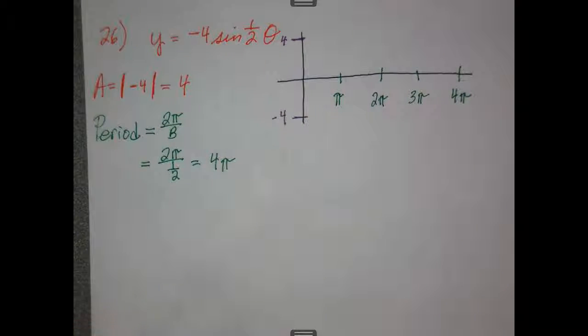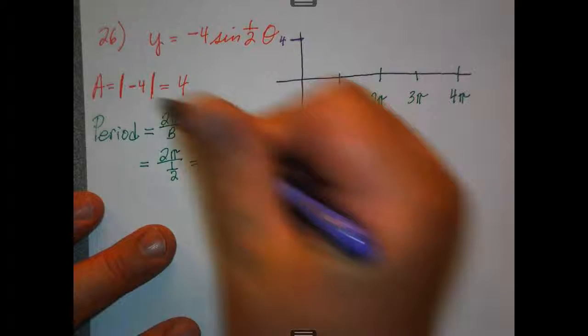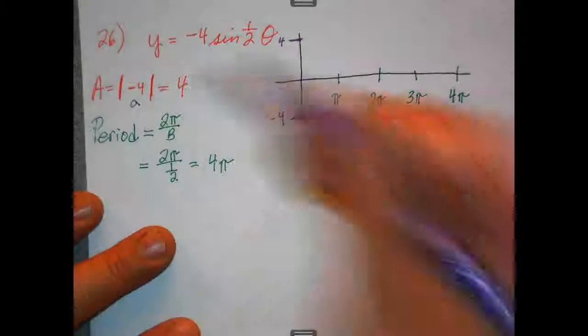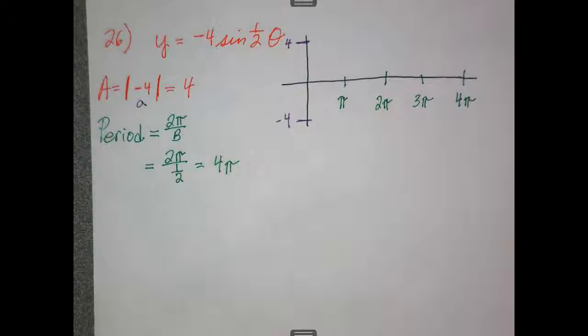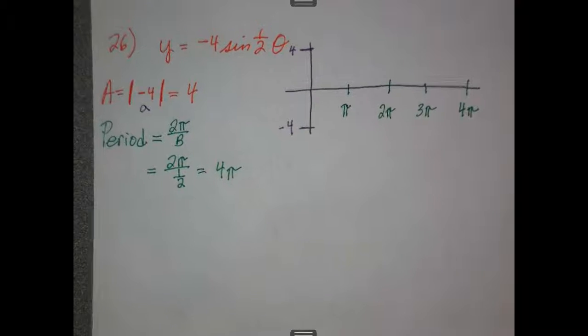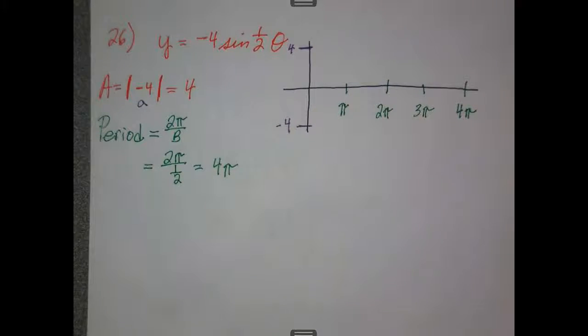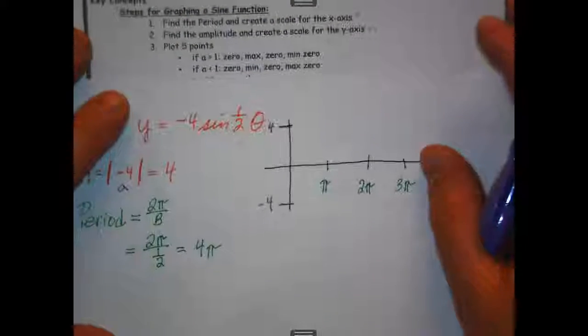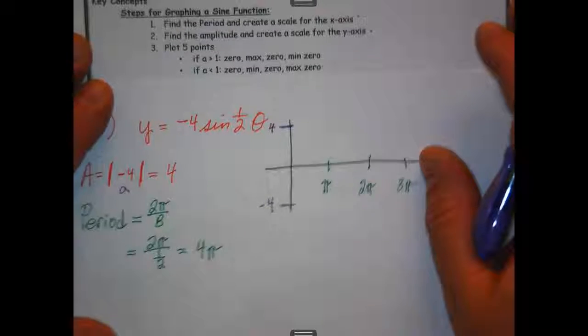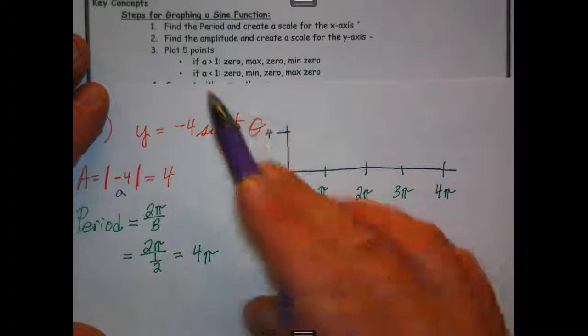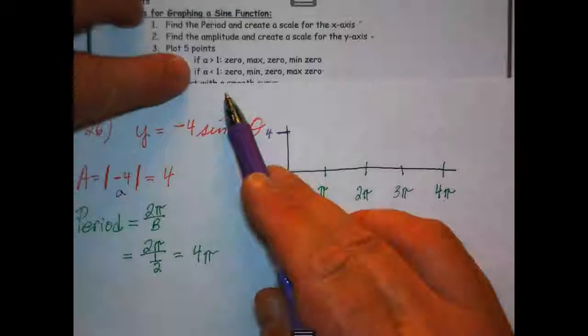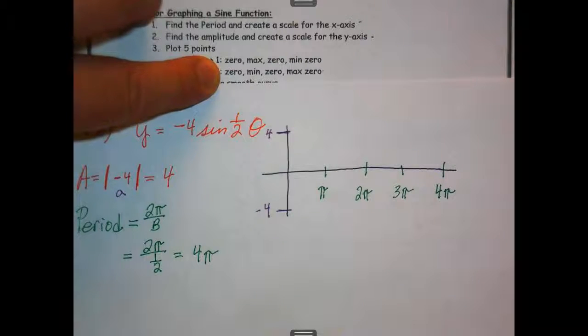Okay, now remember, this is little a here. Okay, that's little a. Is little a greater than 1 or less than 1? Less than 1. It's -4. So we're going to start at 0. We're going to use this bottom one now. We're going to put a point at 0.